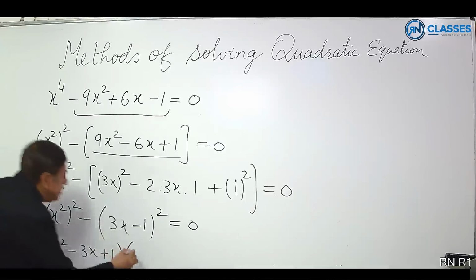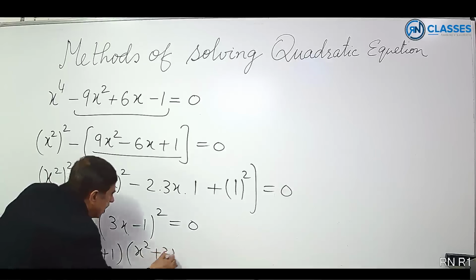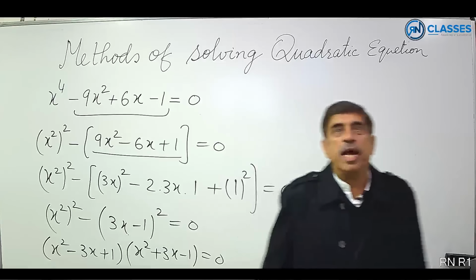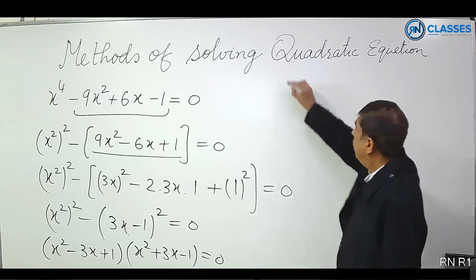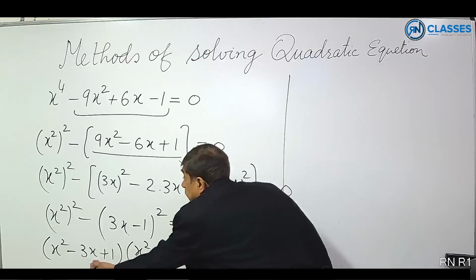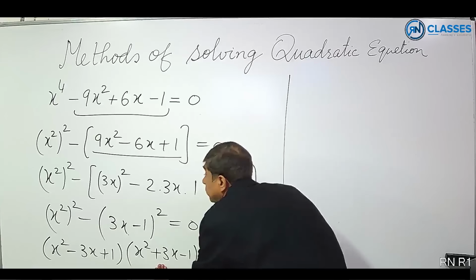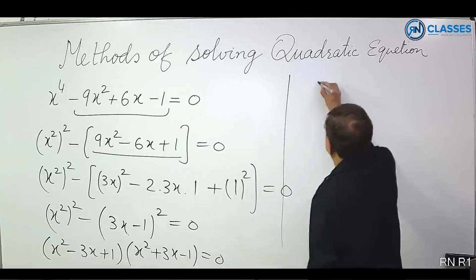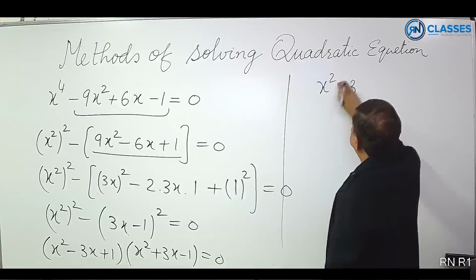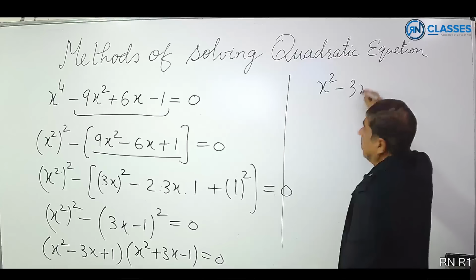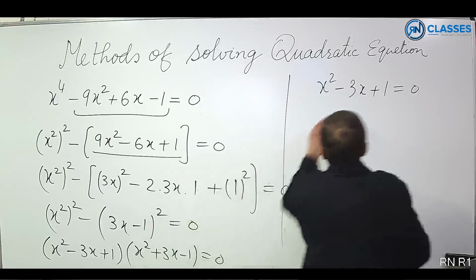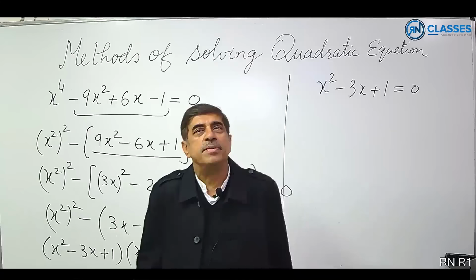And if it is plus, sign remains same, x squared plus 3x minus 1 equal to 0. Alright. Now we have two quadratics, either first is 0 or second is 0. If first is 0, x square minus 3x plus 1 equal to 0. Now, can you solve this quadratic?